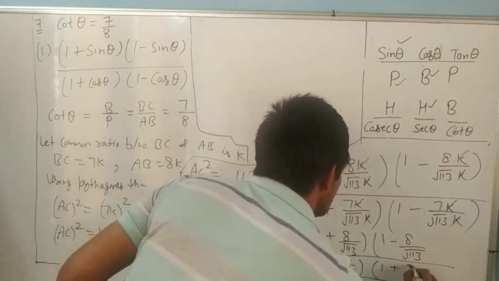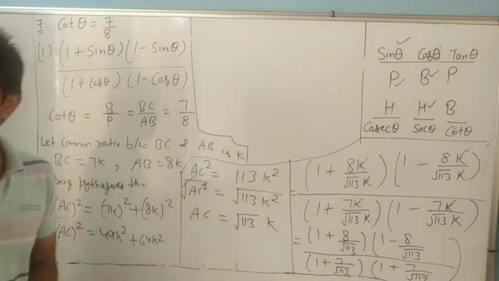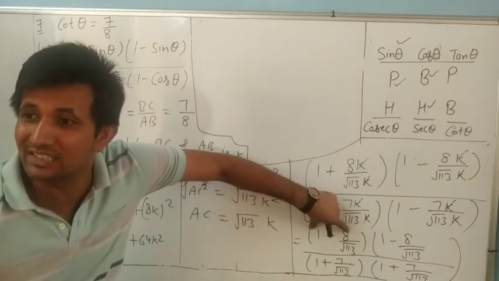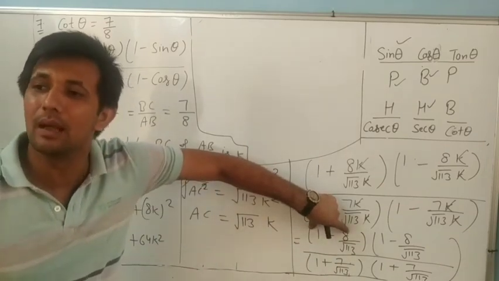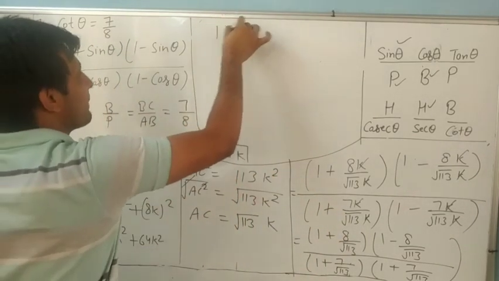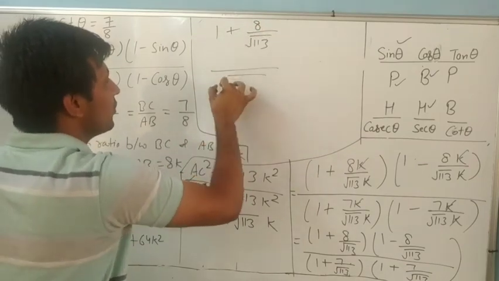Don't be confused with the root sign. Okay, it's very simple. Now tell me, 1 plus 8 by root 113, it is two fractions or not? How can we add fractions? By taking LCM. So what is the LCM? 1 plus 8 by root 113, the LCM is root 113.